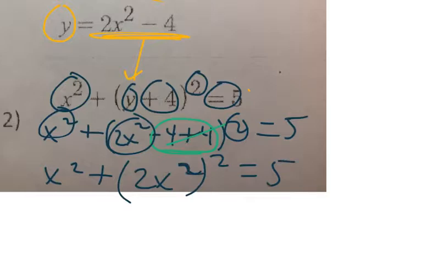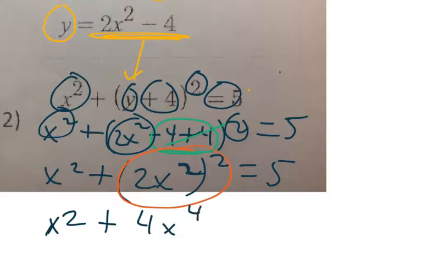And so, following PEMDAS, I'm going to go ahead and do this squared next. So I'm going to have an x squared plus 4x to the 4 equal to 5. And this is looking pretty scary, isn't it?